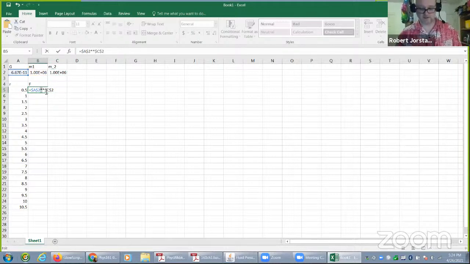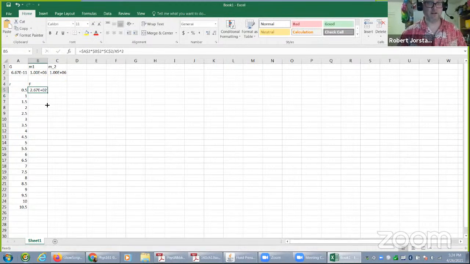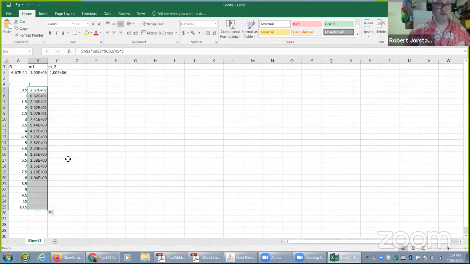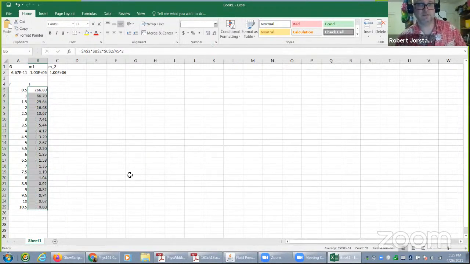I accidentally got an extra multiply in there. Then divide by the radius, and we're going to square that. When I run this thing, oh, that scientific notation is ugly, so let's just do this as a number. And let's plot this thing.